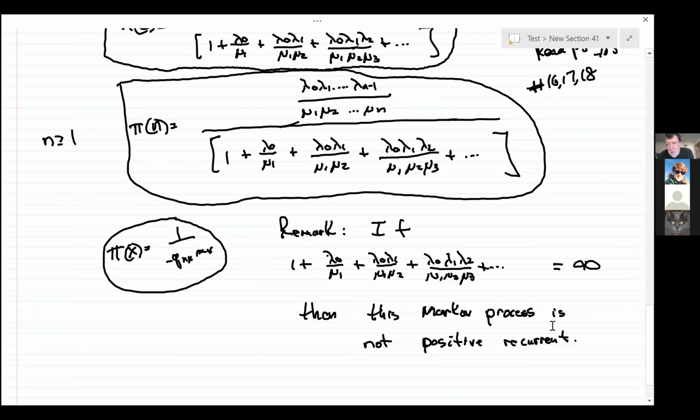Okay. So it's not positive recurrent when, if, and this is an if and only if. It says then, but I should have said if and only if. That's a little bit stronger remark. If and only if.